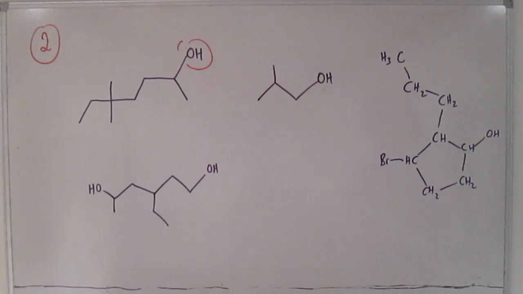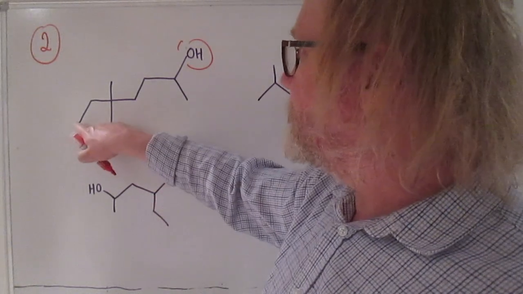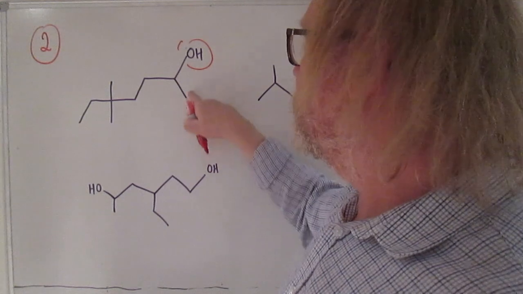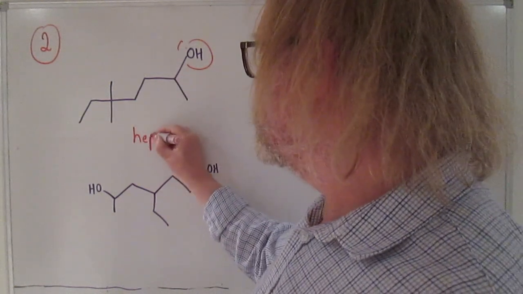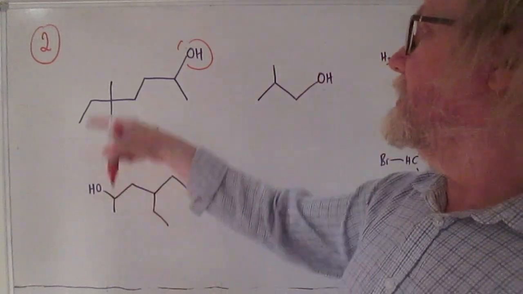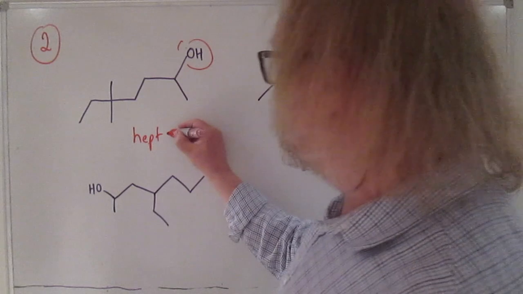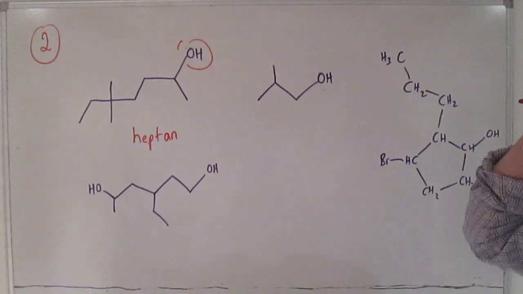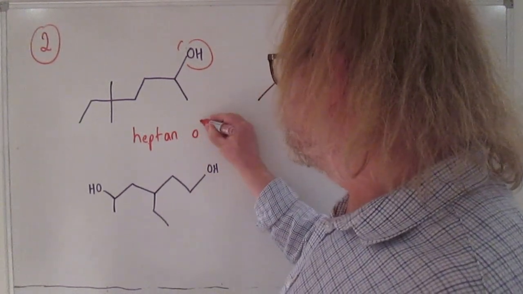So in this case, you find the longest chain following the normal recipe. So you've got 1, 2, 3, 4, 5, 6, 7 is the longest continuous chain. So that's hept. It's got no carbon-carbon double bonds, so it's saturated, which means it's "an". And it's got the OH group, so it's "ol".